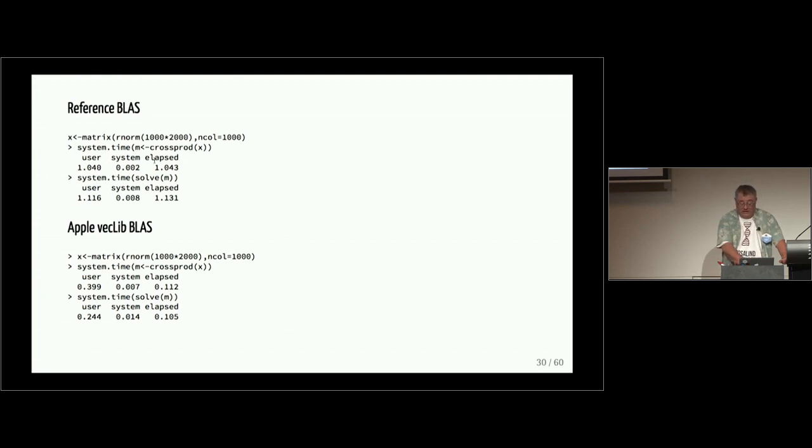So this is using the BLAS that comes with R, the standard reference BLAS, and this is using the Apple Veclib one that Apple supplies. And you can see there's an order of magnitude speed difference.